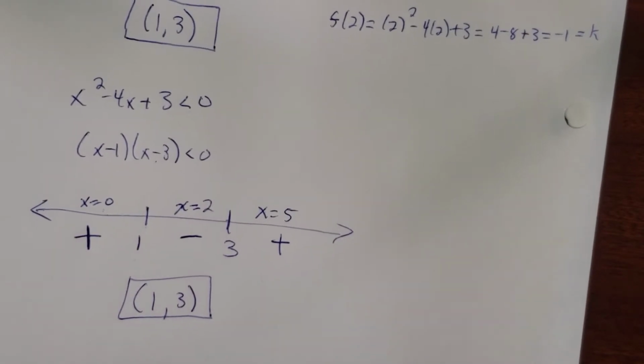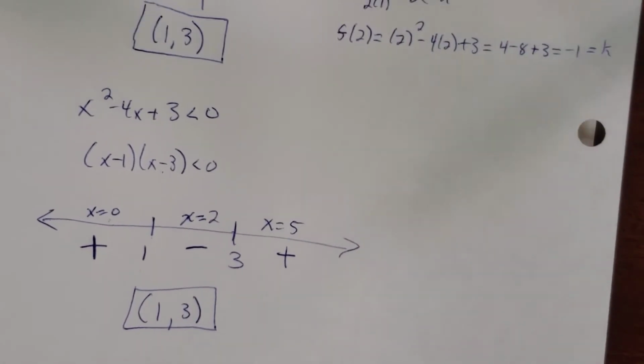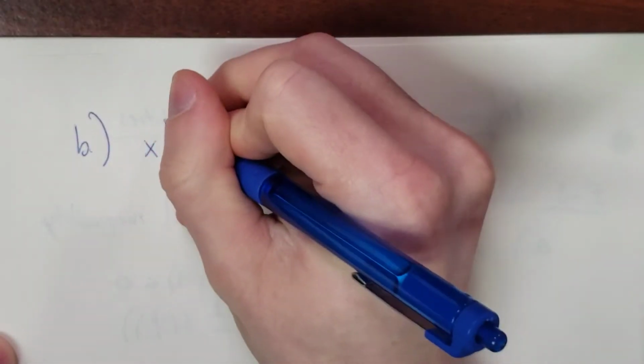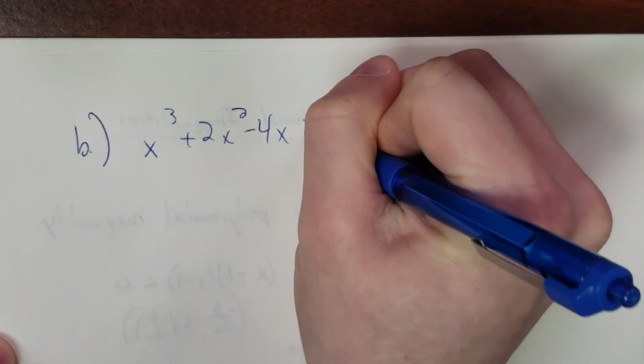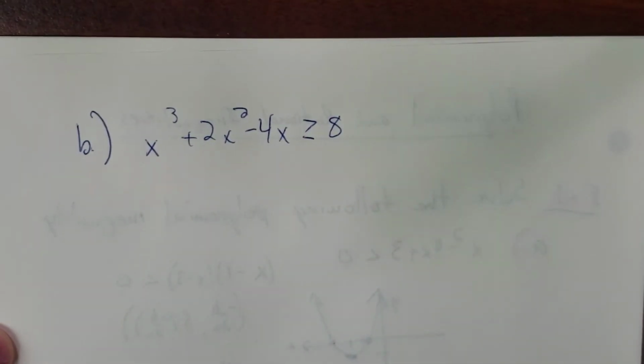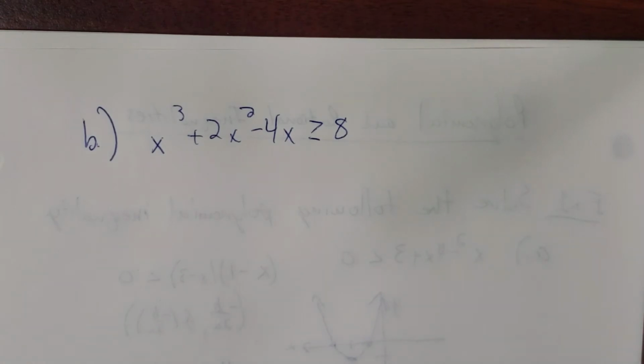So let's move on and do part B of this same problem. So we're going to do part B, and this is going to be x cubed plus 2x squared minus 4x is equal or greater than 8. So again, we want to solve a polynomial inequality, but the polynomial is different this time.